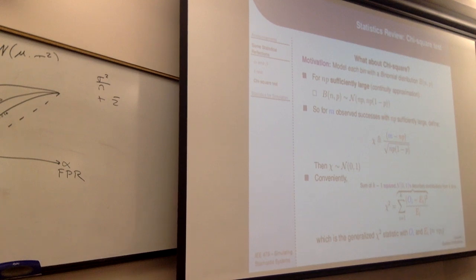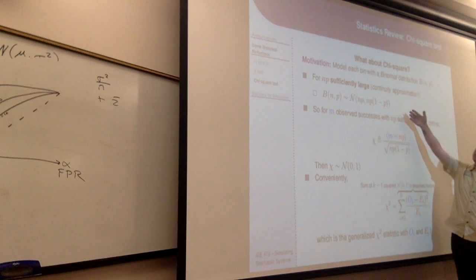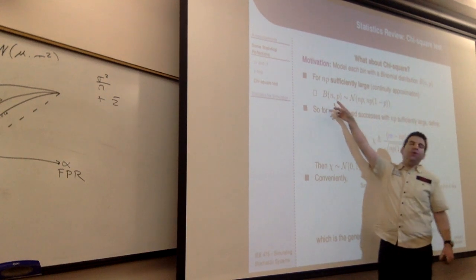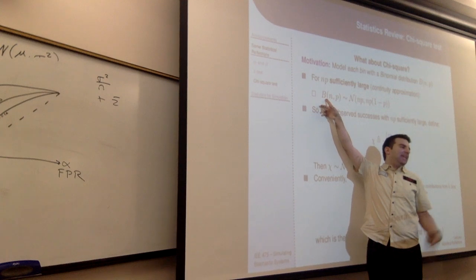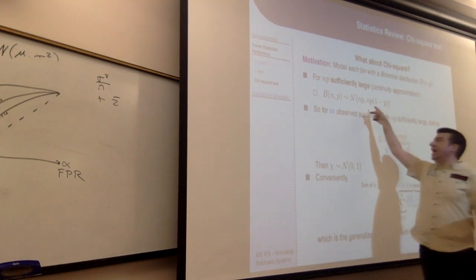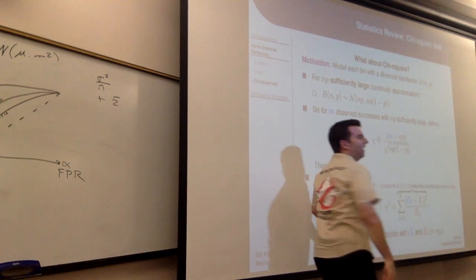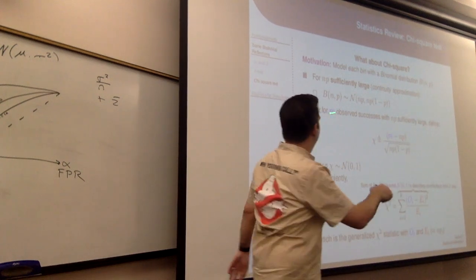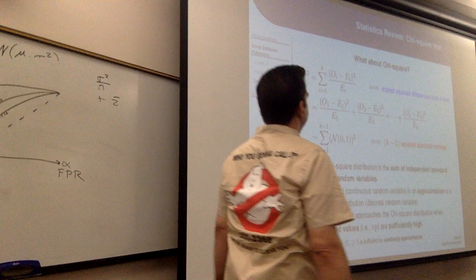And so that's where the chi-squared test comes from. It's this realization that we're just approximating this binomial distribution of how many things land in a bin or out of a bin by a normal. And once we've got that, then this just follows from that approximation. So this is a so-called continuity approximation.